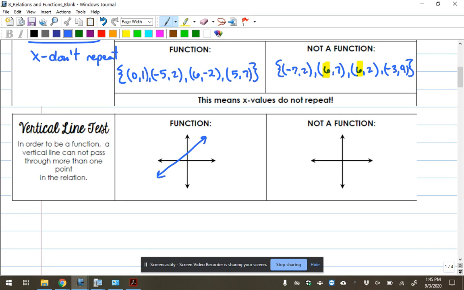That passes the vertical line test because no matter where I place a vertical line on that picture, it only touches that one time. Okay? And that's what this over here on the left says. In order to be a function, a vertical line cannot pass through more than one point on a relation. An example of something that's not a function might be like a circle. Try to draw a decent circle. Decent.